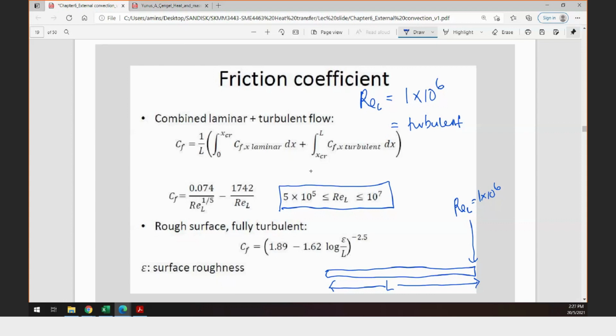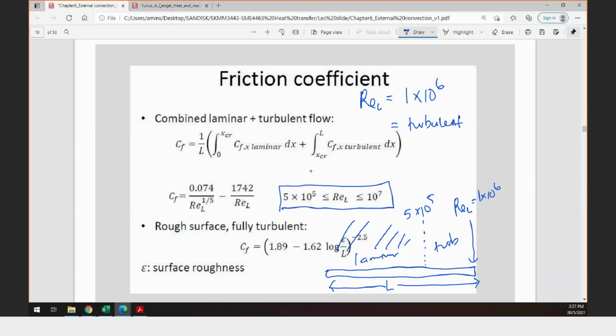The critical value, 5 times 10 to the 5, is probably somewhere, not the middle, just a quarter from this length. So what happened at this region? This region is basically laminar. This is turbulent.